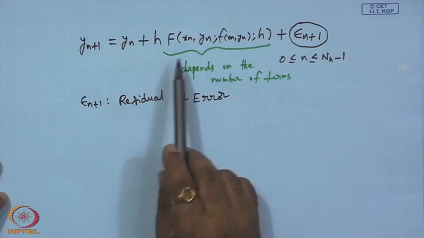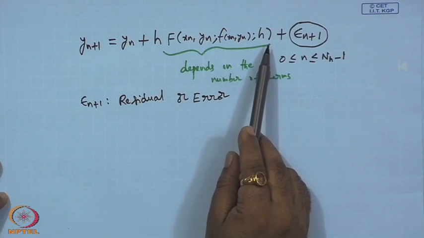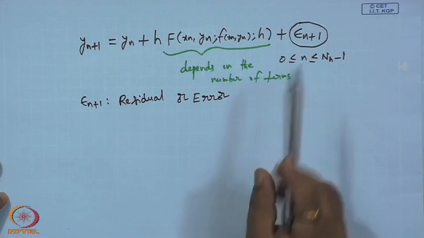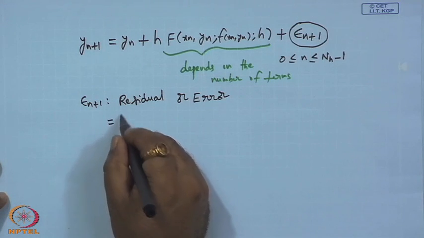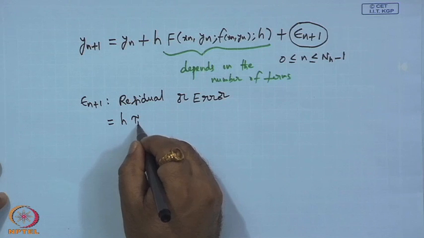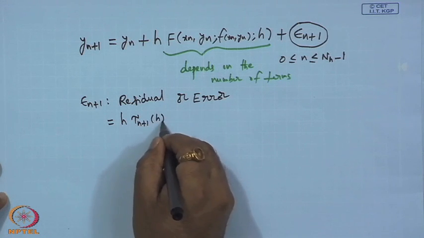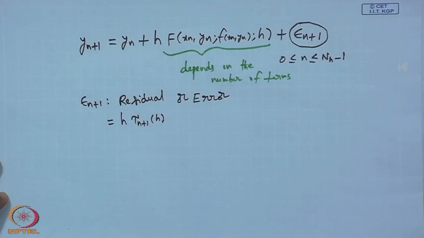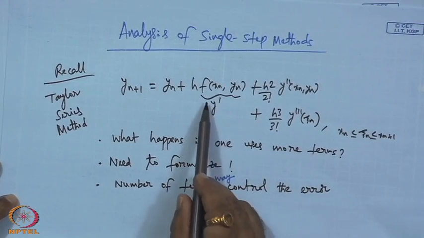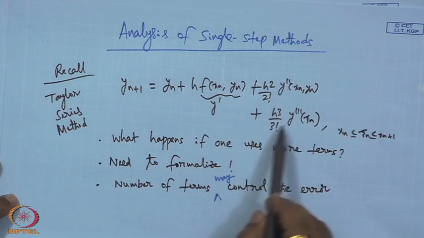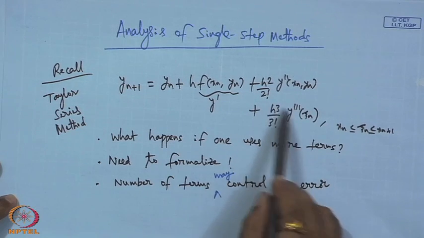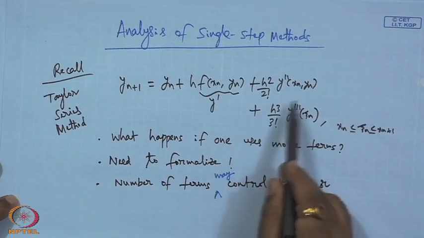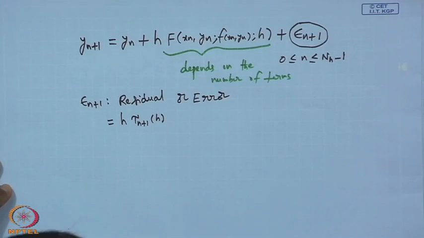If you compare with the exact solution up to this, then we are neglecting from here. So that is called the residual or error, and we introduce this notation because the minimum is up to first. As I mentioned earlier, you can pull out an h and express the rest as tau n plus 1.